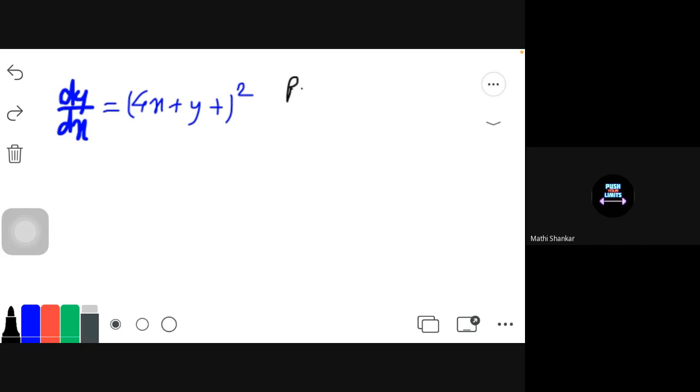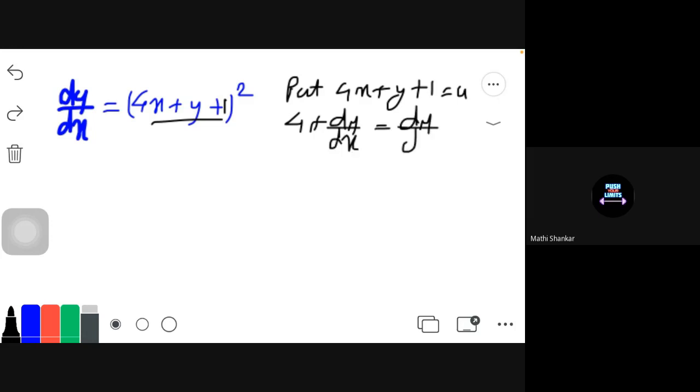We'll say put this entire thing 4x plus y plus 1 as say u. So derivative of 4x will be 4, derivative of y will be dy by dx, derivative of 1 will be 0, so I'll get du by dx. 4 goes over there, therefore I'll get dy by dx is equals to du by dx minus 4.